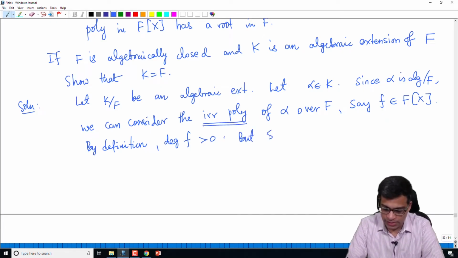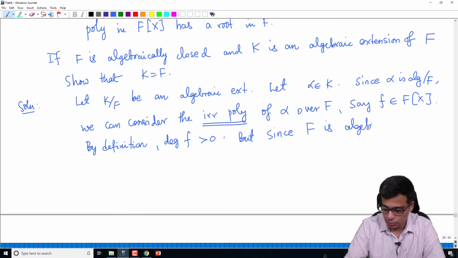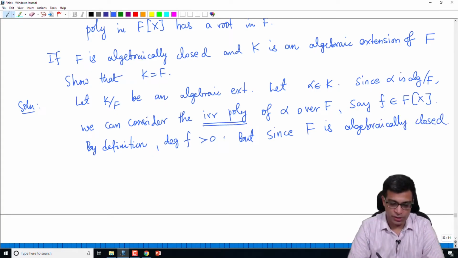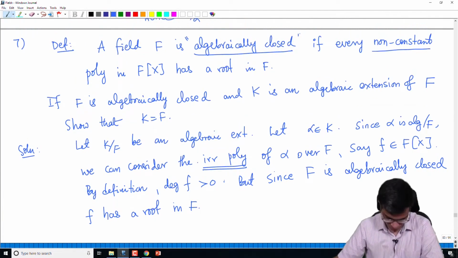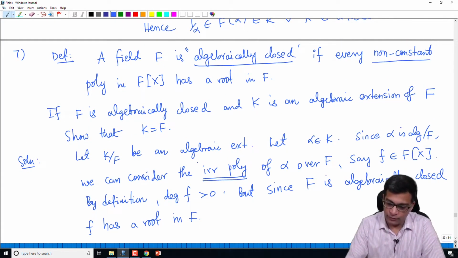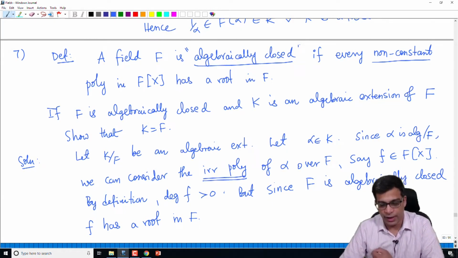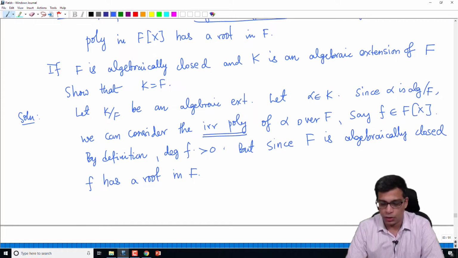But since capital F is algebraically closed, that is the hypothesis, small f has a root in capital F. Remember the definition of an algebraically closed field? It says that every non-constant polynomial with coefficients in F has a root in F. Small f is a non-constant polynomial with coefficients in F, so it has a root in F.